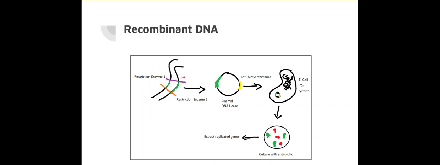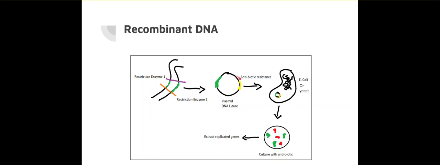They introduce two restriction enzymes that will take off a piece of this DNA, the section they're interested in, and then they insert it into a plasmid. A plasmid is a circular strand of DNA. So they'll take this piece off of here and put it into a plasmid using a DNA ligase. Remember, ligase creates bonds. So this DNA ligase will graft this in here.